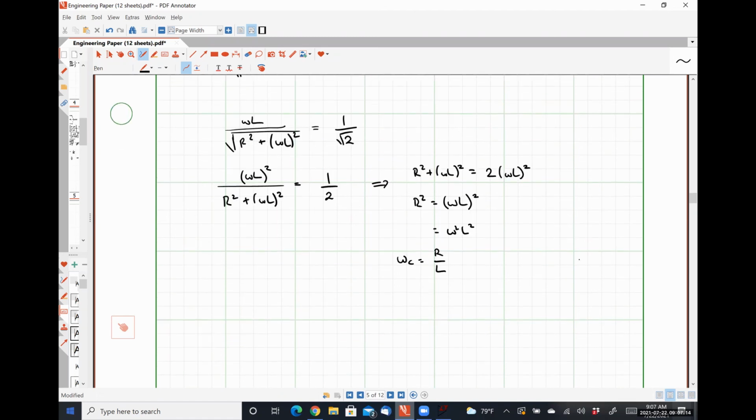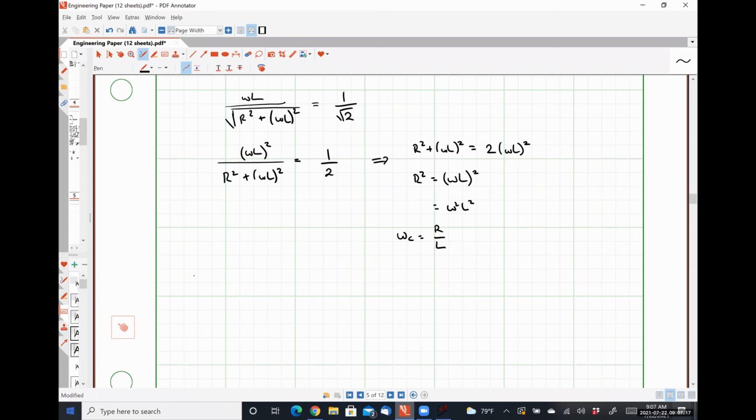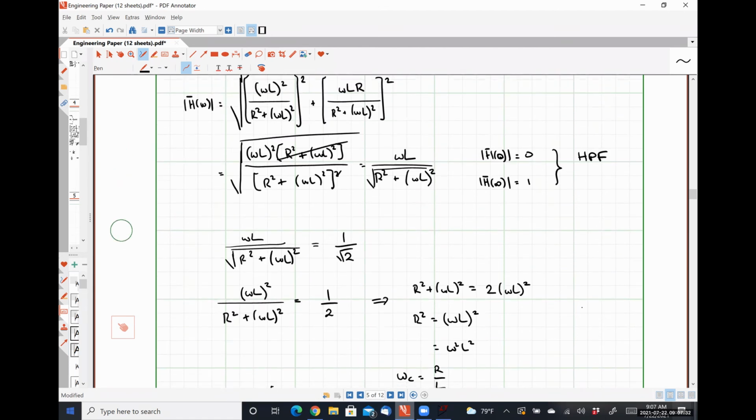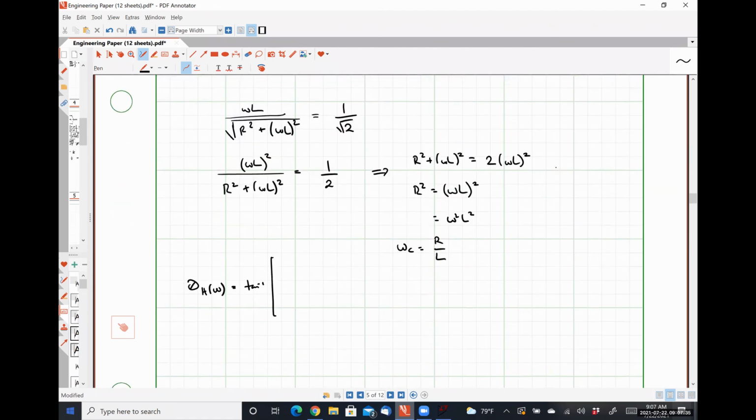All right, for our phase response, we're going to have the inverse tangent of the imaginary part, which is omega L R over R squared plus omega L quantity squared, divided by omega L squared over R squared plus omega L squared.